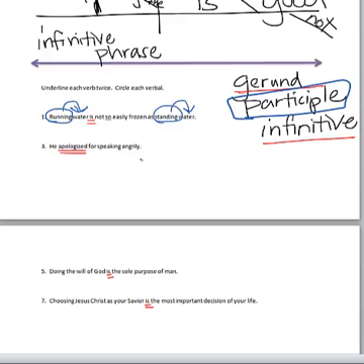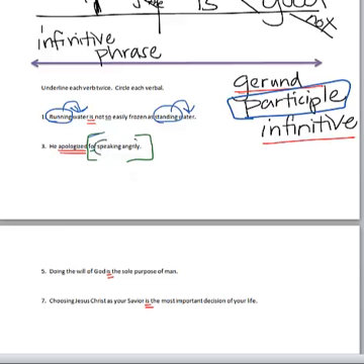He apologized for speaking angrily. In this instance, check this out right here. Let's see if I can use my different pen. For speaking angrily is a prepositional phrase. I can't get that to do what I want it to do. Let's try it one more time here before I give up. There we go. For speaking angrily is a prepositional phrase. For is your preposition.